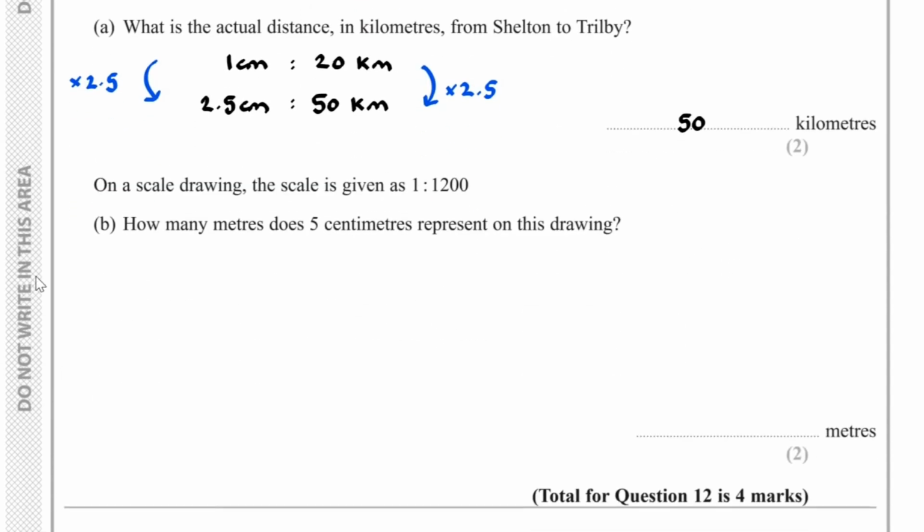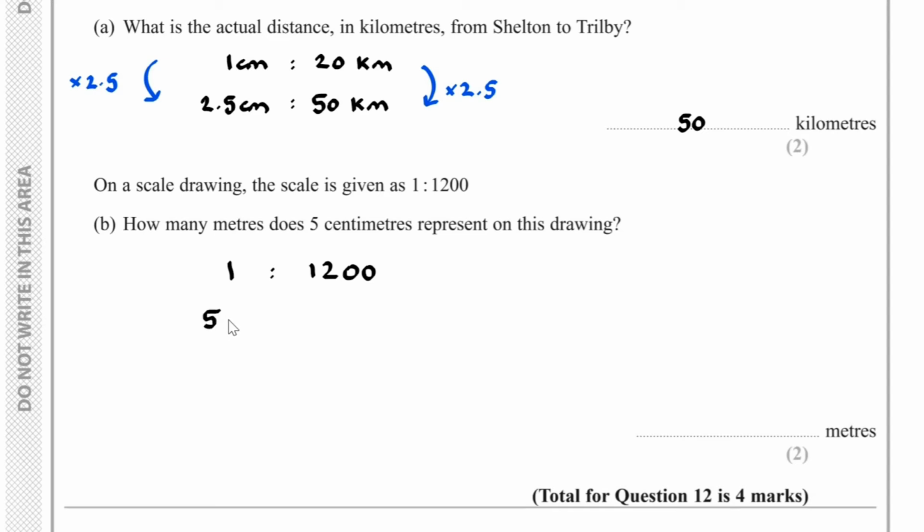Then, on the scale drawing, the scale is given as 1 to 1200. How many meters does 5 centimeters represent on this drawing? So what we are saying over here, we've got 1 to 1200.